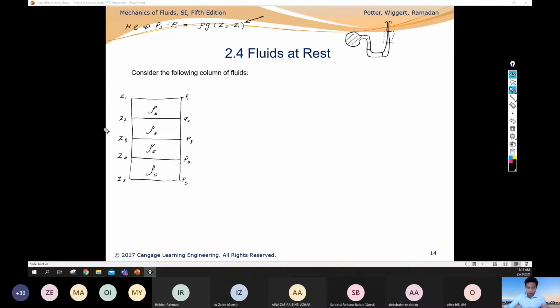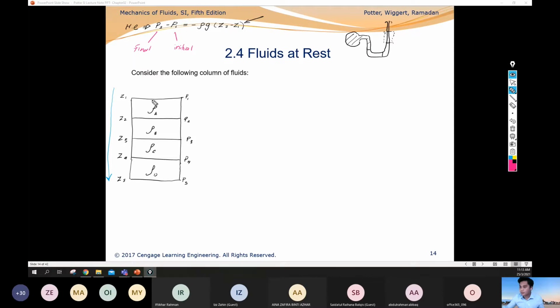Okay. So this is my rule. We start from the top to the bottom. So for this case, okay, so we use again, this is the final, this is the initial point.